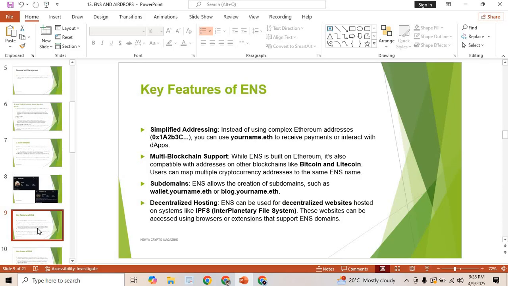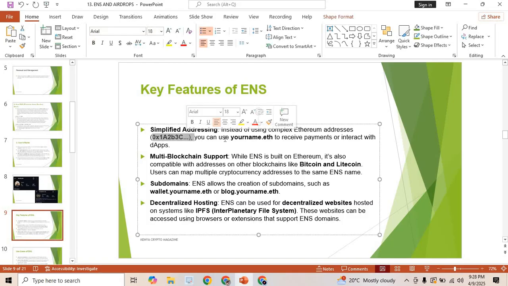So let's look at key features of ENS. Number one, simplified addressing. This we've looked at. Instead of using a complex Ethereum address, all those hexadecimal characters, you can use a name like ArnoldKevin.eth to receive payment or interact with decentralized applications. Number two, multi-blockchain support. ENS is built on Ethereum, but it is also compatible with addresses on other blockchains like Bitcoin and Litecoin.